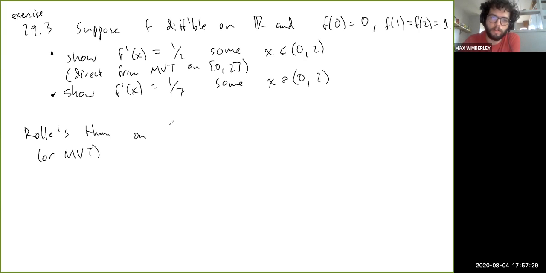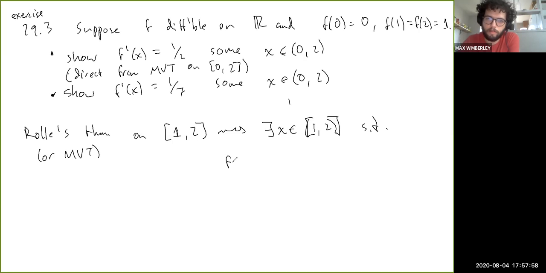So on [1, 2] tells us that there exists an x in, let's say, the closed interval [1, 2].